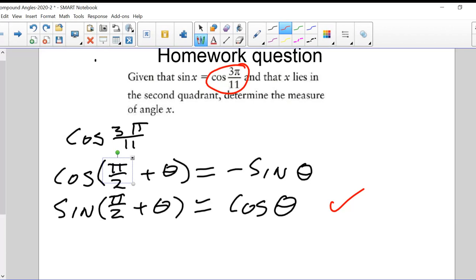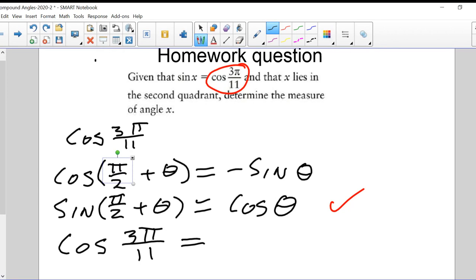Okay, so let me do it then. So what would the cosine, I'm following what this says, and I write this in black as I had before, what would the cosine, according to this thing here, of 3 pi over 11 be equal to? Right?